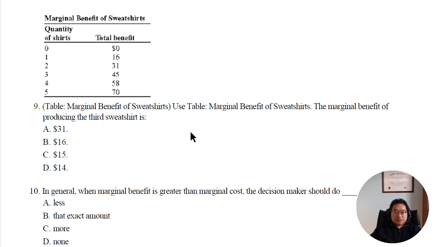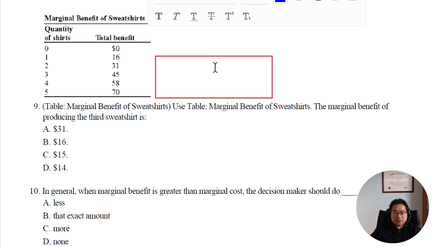Okay, let's look at question 9. We have a table of marginal benefit of sweatshirts. The marginal benefit of producing the third sweatshirt is, still I will start from the first one, right? The first one marginal benefit is what? 16 minus 0, which is 16.